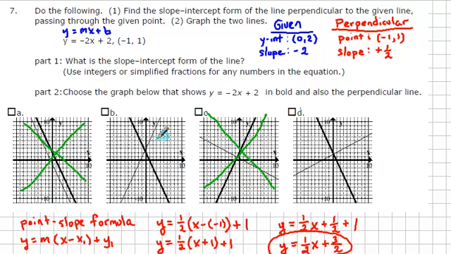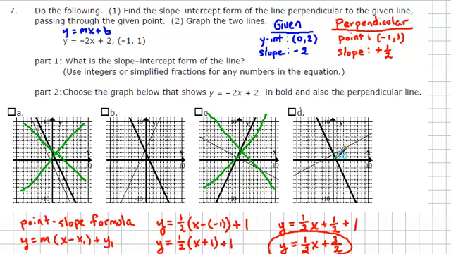In B, the two lines intersect, but it does not appear that they intersect at a right angle. In D, the two lines do intersect, and they appear to intersect at a right angle. So chances are our answer is D, but let's just double check and make sure. We want to make sure that the line contains the point -1, 1.